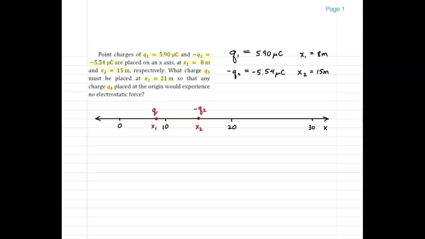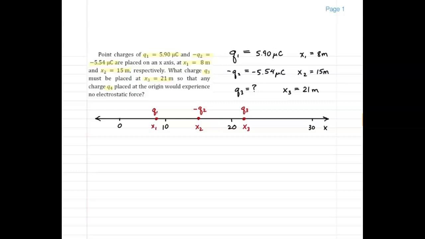And then last is Q3. We want to put it at 21 meters, somewhere around here. Q3 at x3 equals 21 meters. Okay, actually this is also a given, so Q3 is the unknown, we want to know, and x3 is known, it's at 21 meters. So those are all of our givens and unknowns and what we're trying to find.